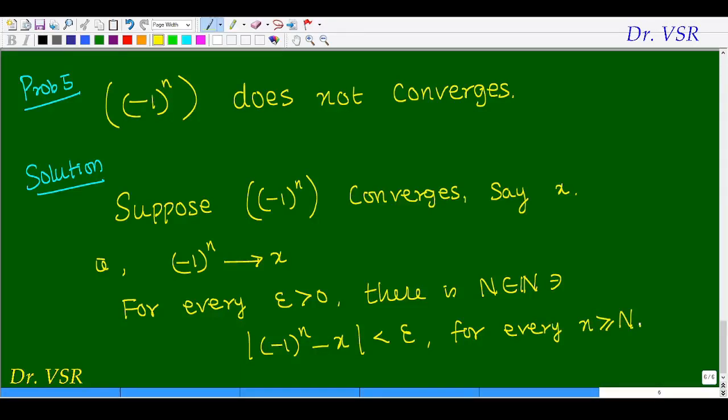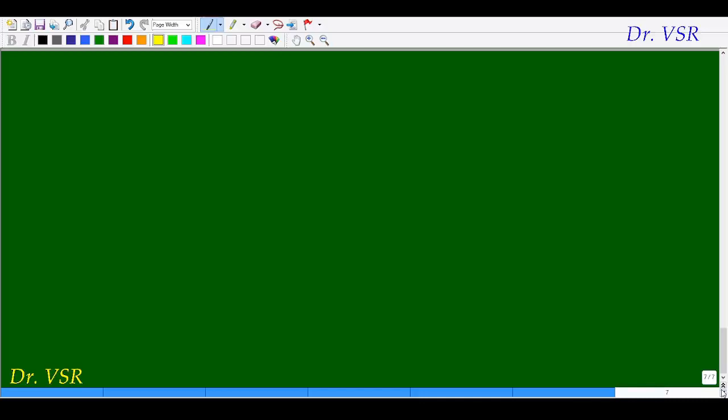If it converges to x, this condition must be satisfied.